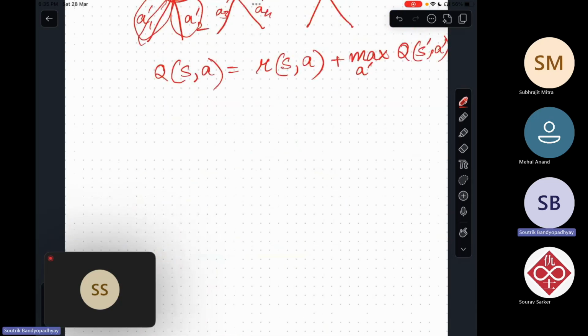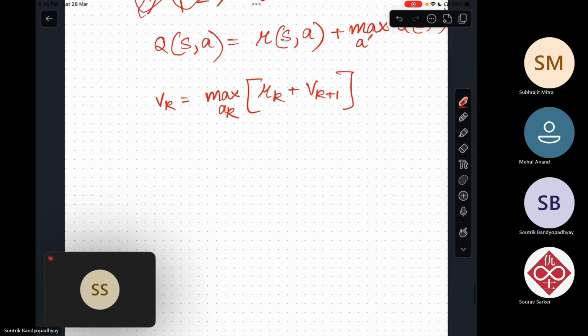So if I write the two Bellman equations here, Vk is nothing but the maximum over Ak of Rk plus Vk plus 1. And Qk is Rk plus the maximum over Ak plus 1 of Q of S k plus 1 and A k plus 1.